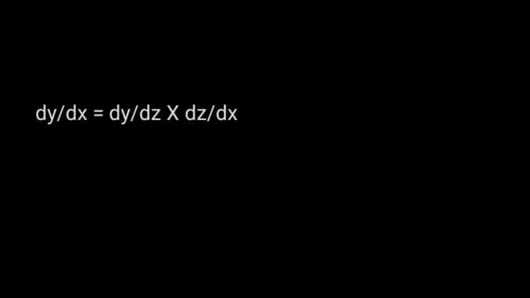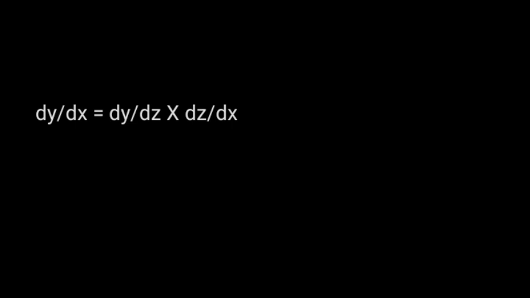When you multiply those together, then you have the differentiation by chain rule. This is the representation of my definition. You can see here that dy/dx is equal to dy/dz multiplied by dz/dx.